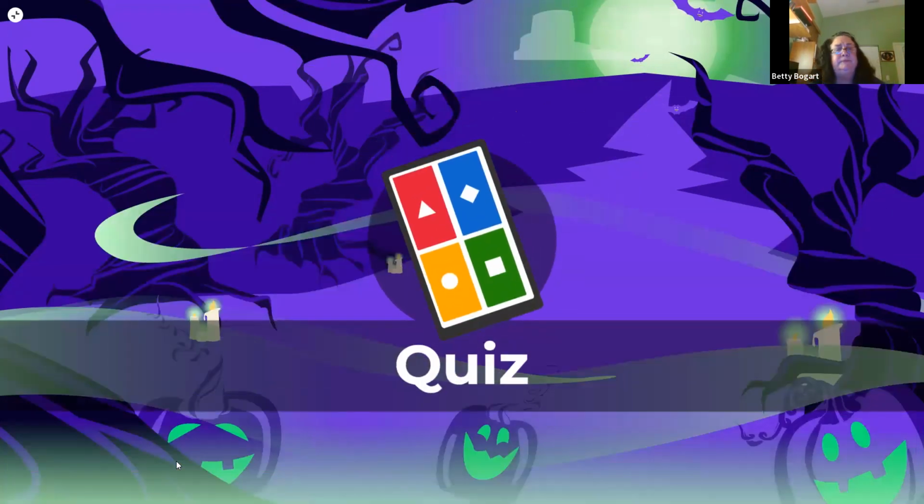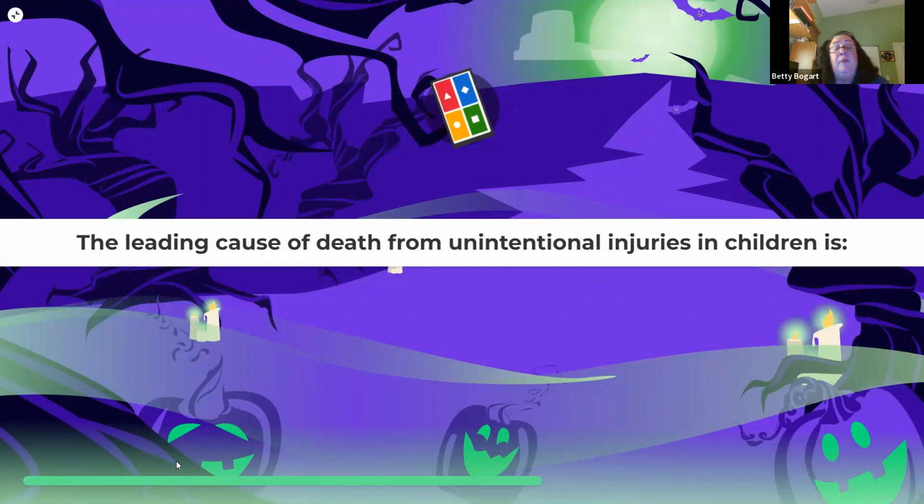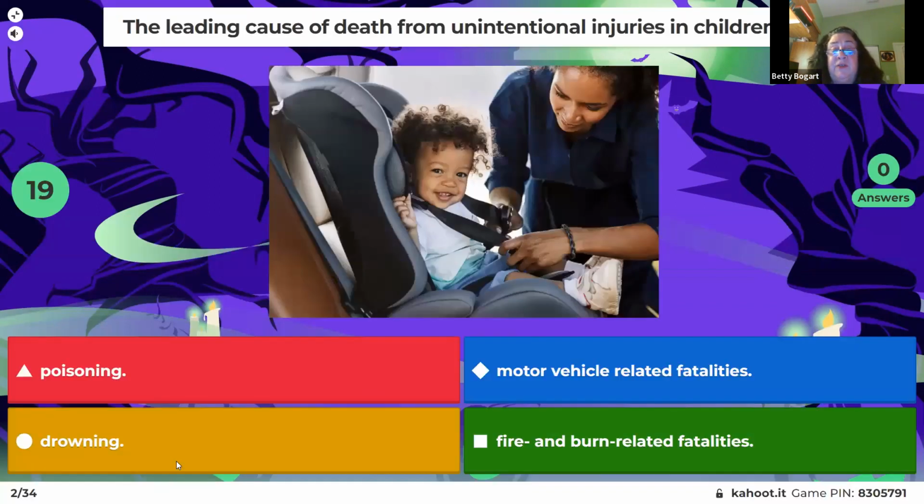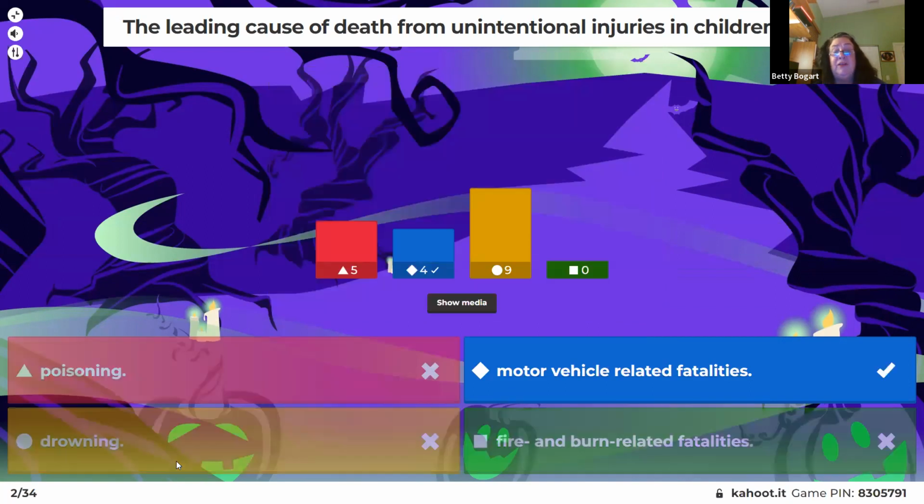Good job. The leading cause of death from unintentional injuries in children is what? Unintentional means nobody did it, it just happened. And in children, any age. It's motor vehicle. You're going to see that in any age, whether they're in the car or underneath, rolled over the car.